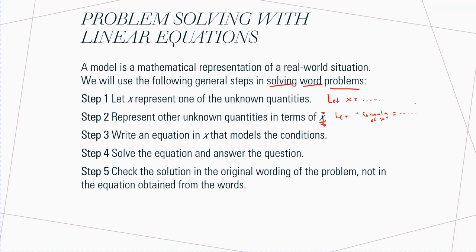In step 3, you're going to write an equation in x that models the conditions. So this is just going to be some linear equation. Then you're going to solve the equation and answer the question, just solving with the steps that we've learned.